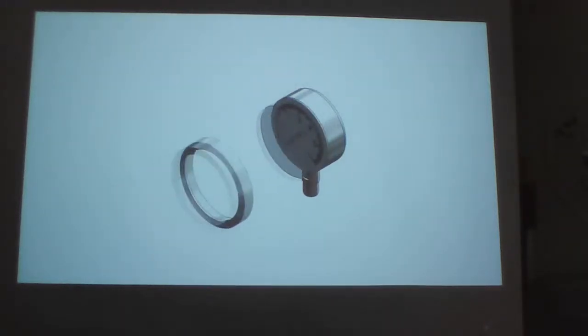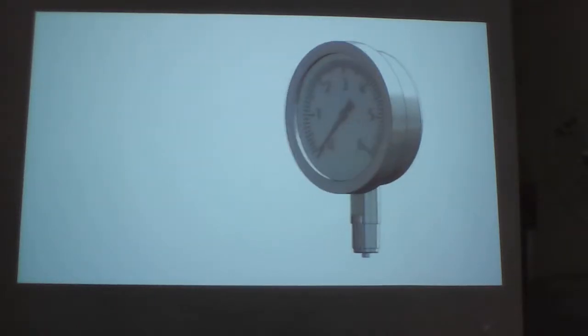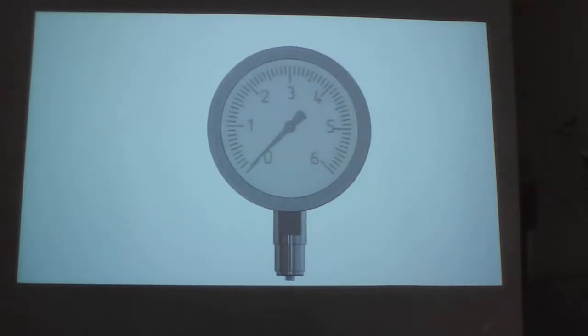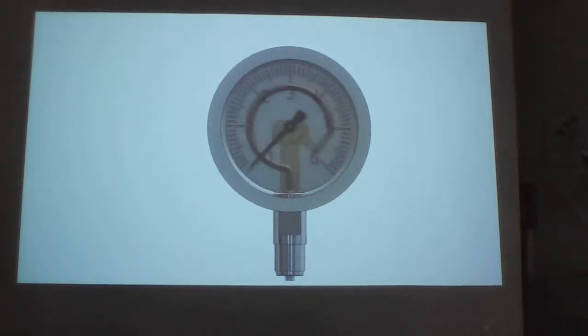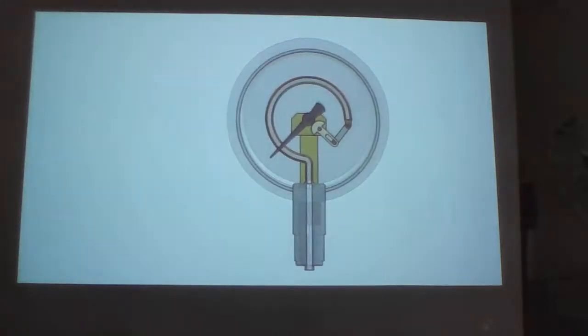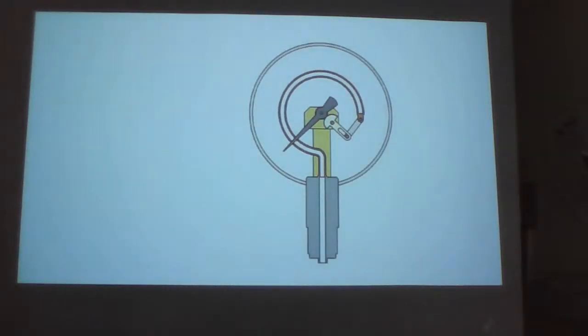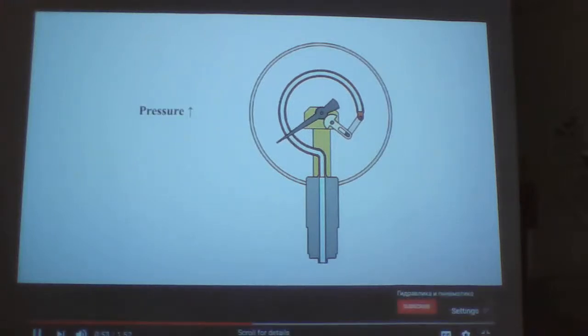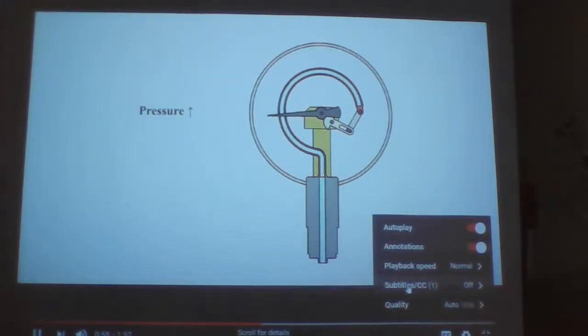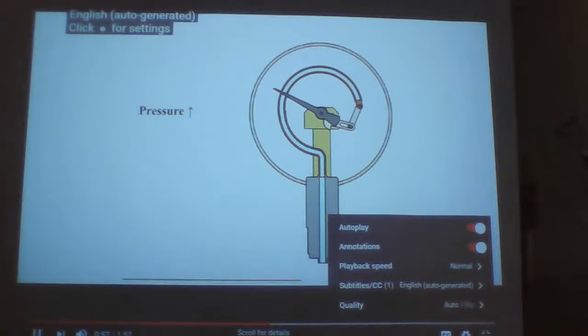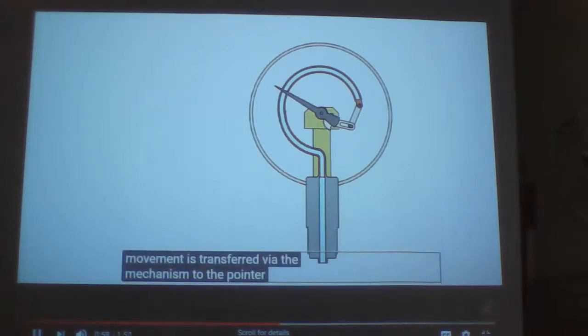The pressure gauge housing is most often made of stainless steel or plastic. Borden tube is made of copper, brass or bronze. The pressure difference between the pressure in the system and atmospheric pressure causes the free end of the Borden tube to deflect accordingly. Movement is transferred via the mechanism to the pointer.